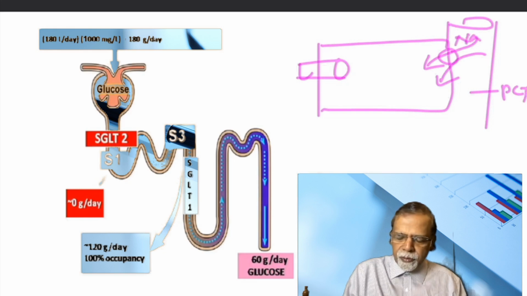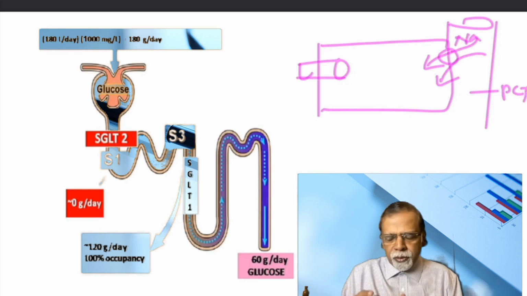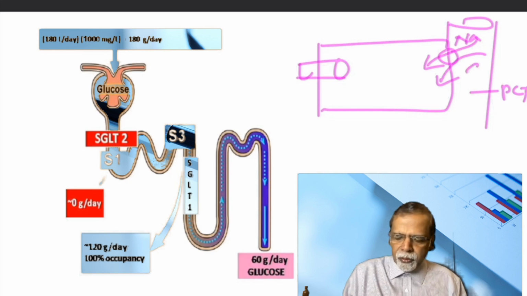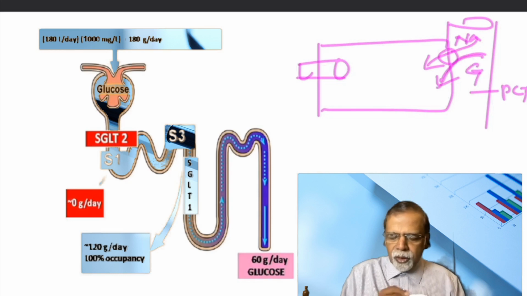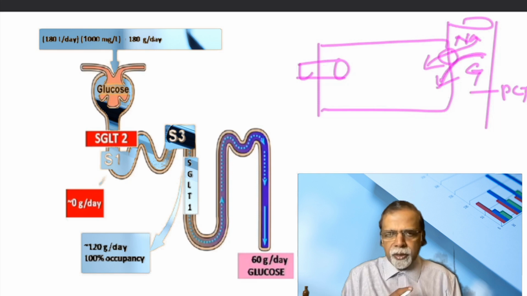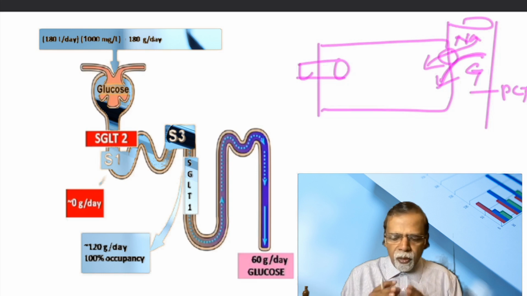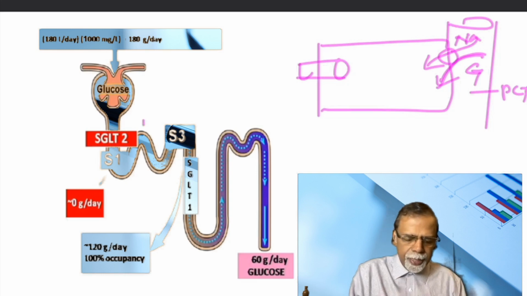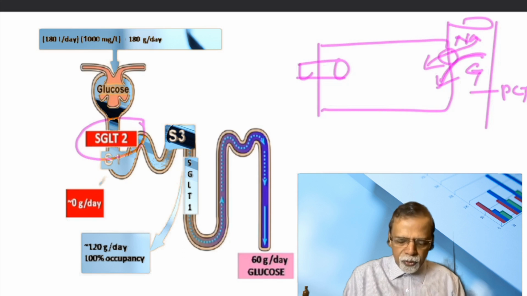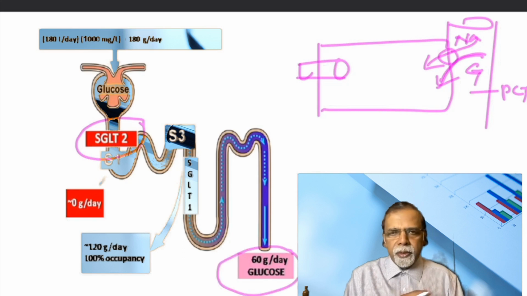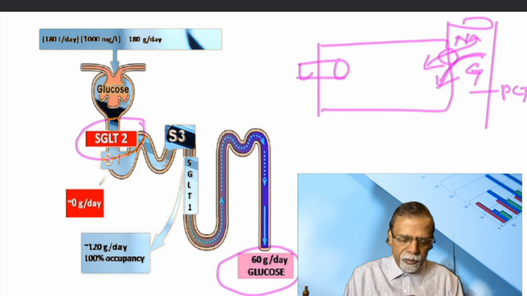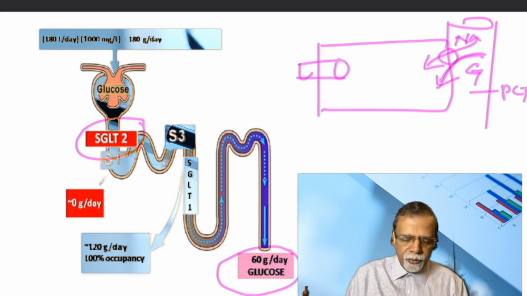Sodium enters because of the concentration gradient, and the glucose also moves along with the sodium. That is important. In the management of diabetes, we can use a blocker of SGLT2, so that glucose will pass through the urine and help in controlling blood glucose. So SGLT2 blockers are used for management of diabetes.